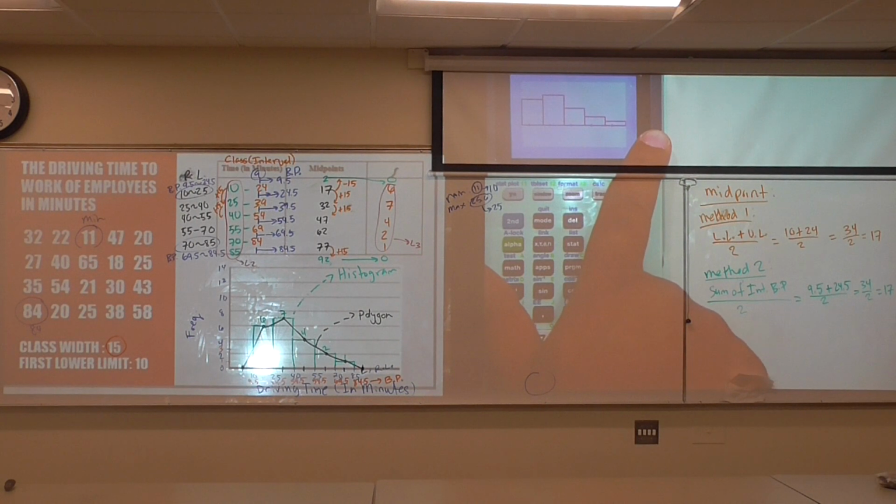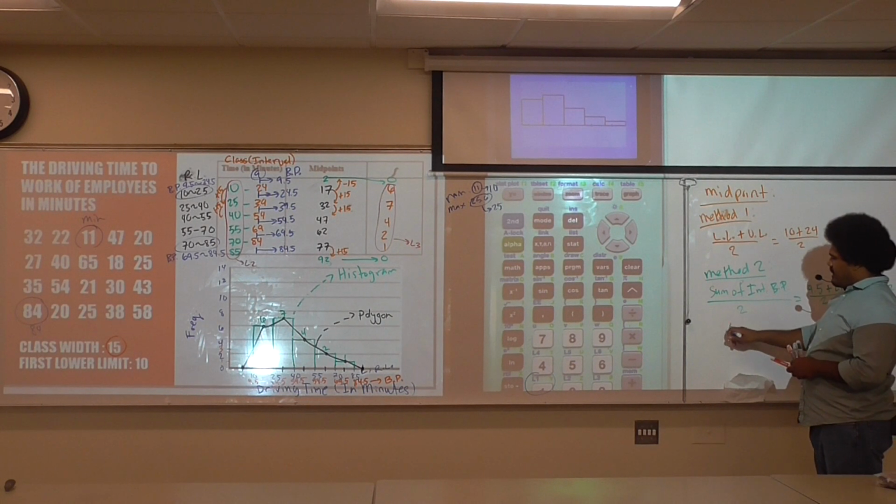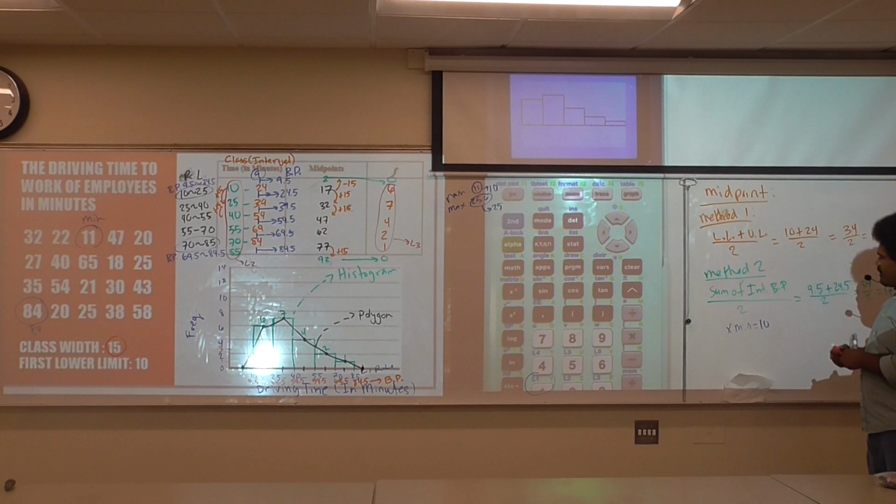So what I'm really doing here is, instead of having my x min at 10, I'm going to go one more interval below it. So minusing 15 from it, giving me -5. So I'm going to have my x limit start at -5, the x min.